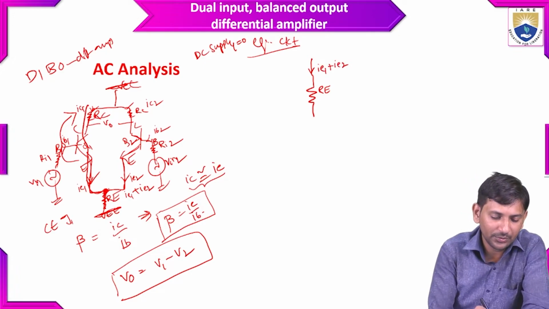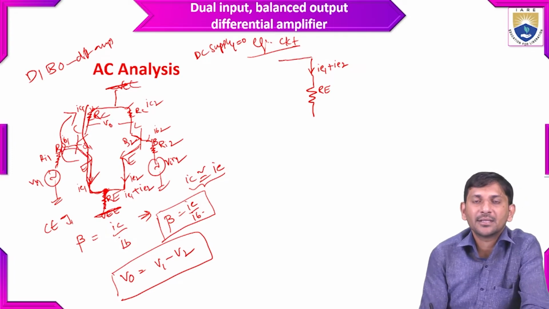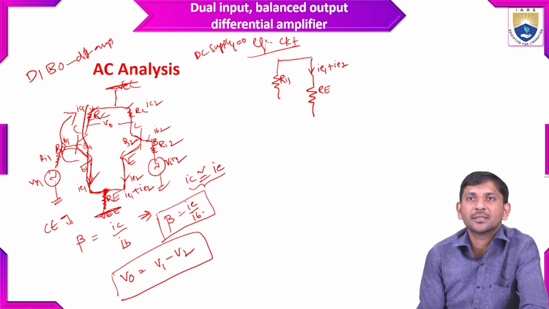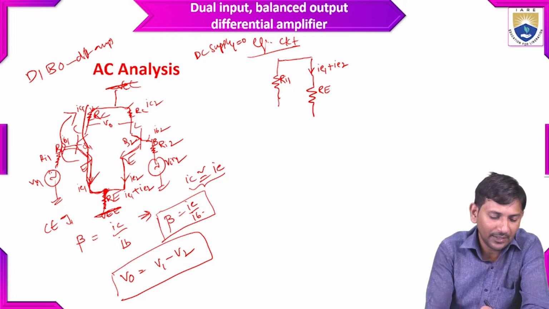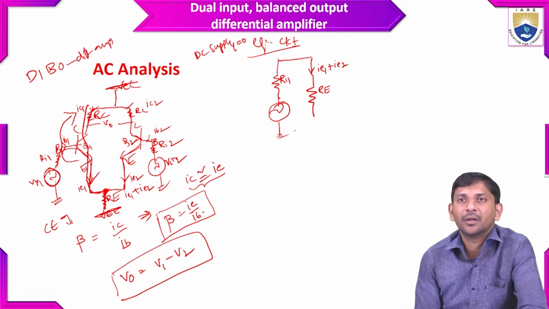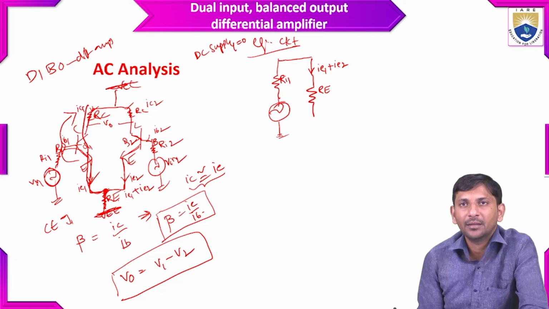Now, if you go through this one, next comes the base resistance. This is the base resistance Ri1, the input resistance. Then we are connected to the input supply. Here the input supply is AC, so we have to consider it. It should not become 0, whereas this V is a negative supply.